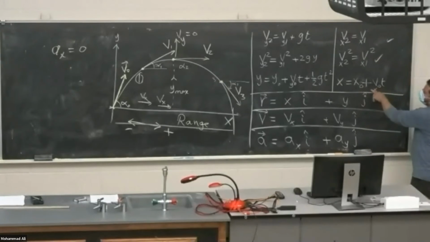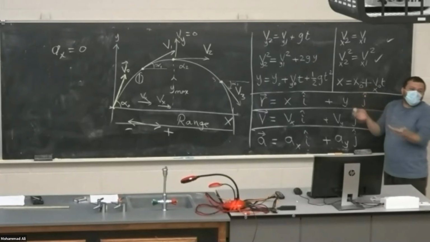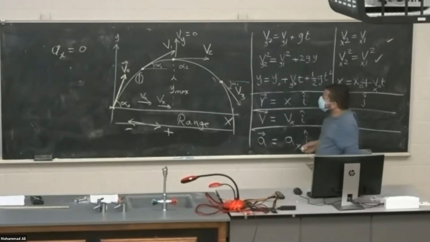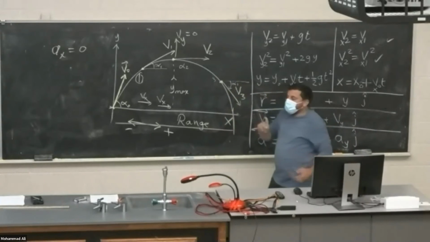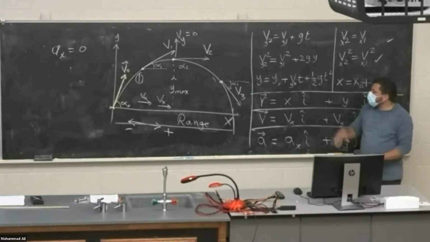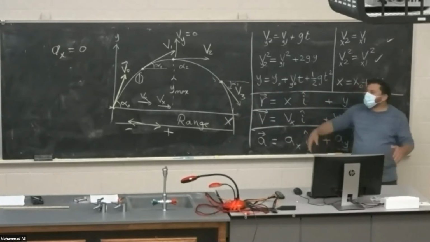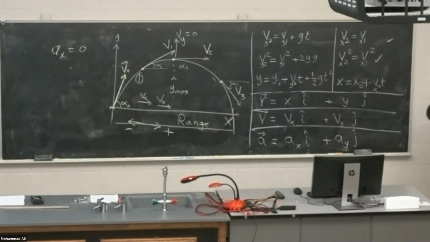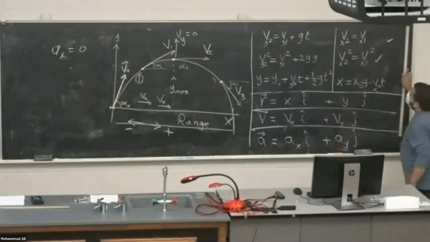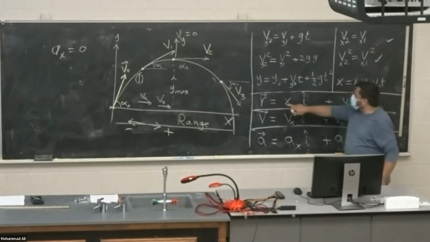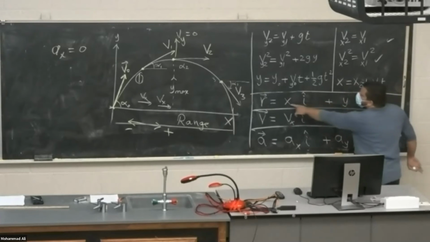x equals x naught plus Vt. V in x direction will not change. It is the simple velocity equation relation, right? Now, we will use the position vector, the velocity vector, the acceleration vector to solve any problem. Okay, r in x direction, x, where is x?